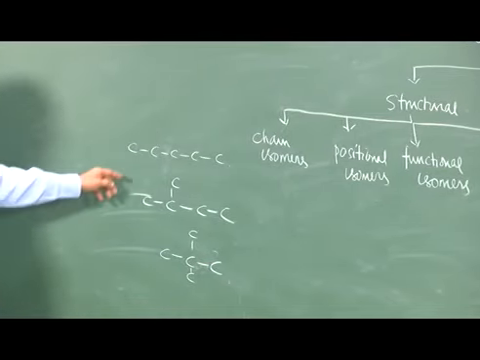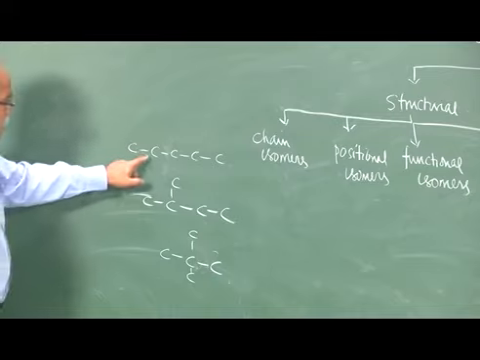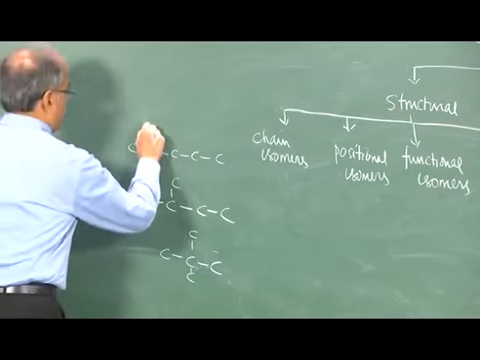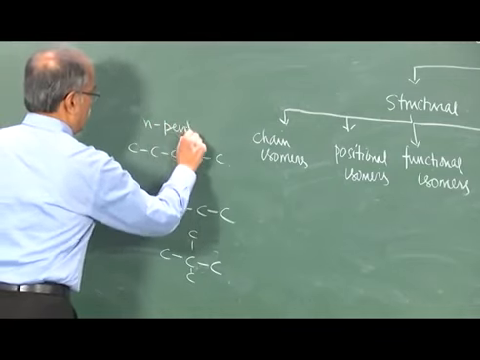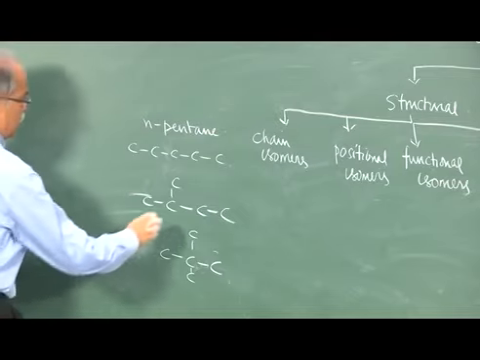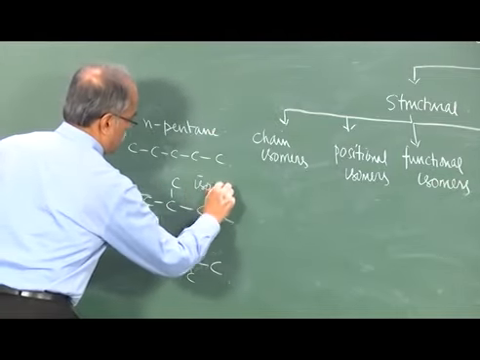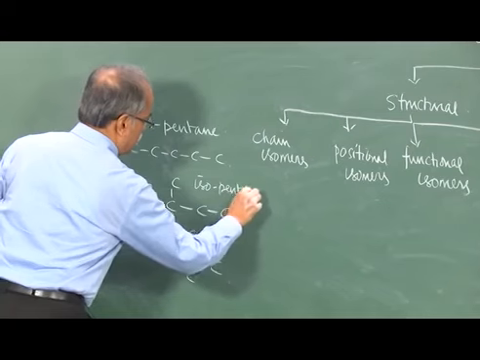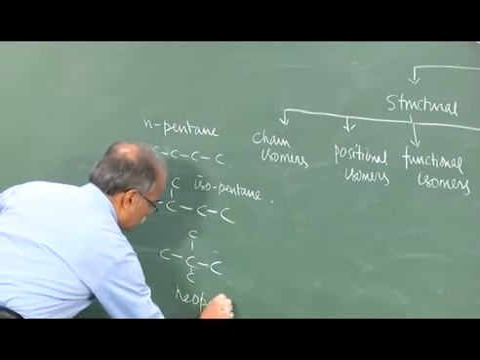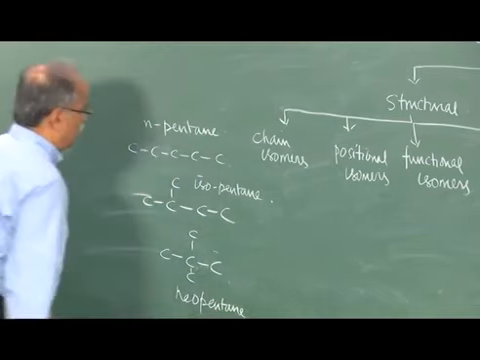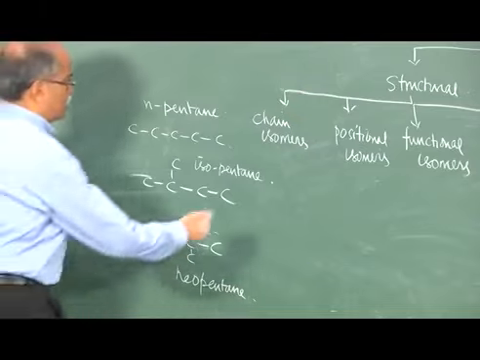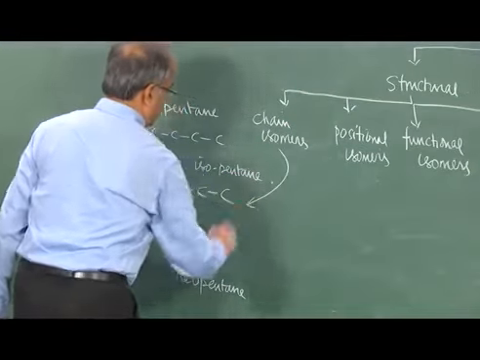So, if you take a molecule of pentane, which will be CH3, CH2, CH2, CH2, CH3, you can have normal pentane, n-pentane, or you can have what is known as isopentane, or finally neopentane. The molecular formula is the same, only the carbon connectivities are different, so that constitutes the chain isomers.